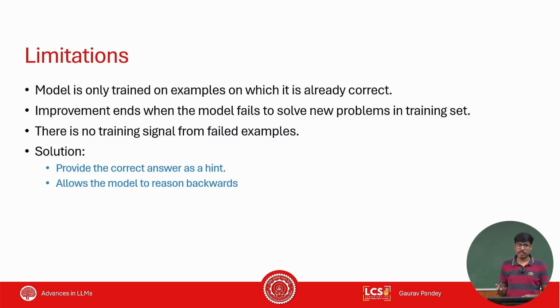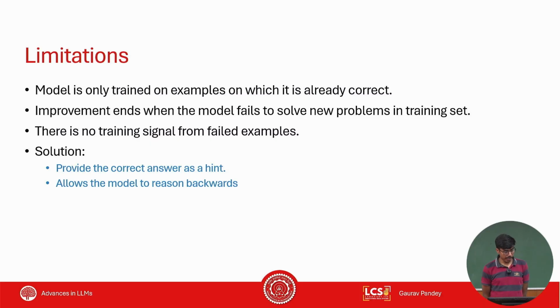Basically, you're not providing any signal, right? All we can do here is that earlier 1 out of 10 was correct. Now maybe 10 out of 10 will be correct, but we're not solving any new problem that the model doesn't already know. So how do you train the model? How do you make sure that cases where none of the solutions are correct also get incorporated?